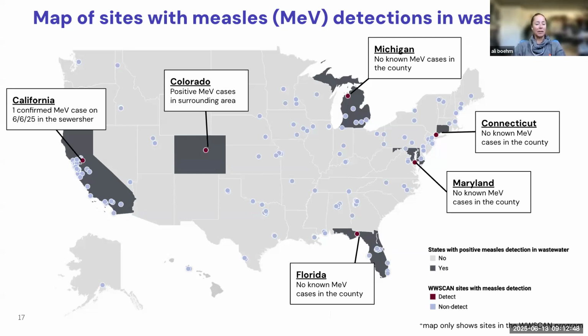And you can see the information about the sewer shed in Sacramento being positive for the California site. And as far as we know, for most of these other sites, Florida, Maryland, Connecticut, Michigan, we haven't been informed of a known measles case, but there were some positive cases in the area in Colorado related to a Turkish Airlines flight, which was in the news where there was a measles case. Next slide.